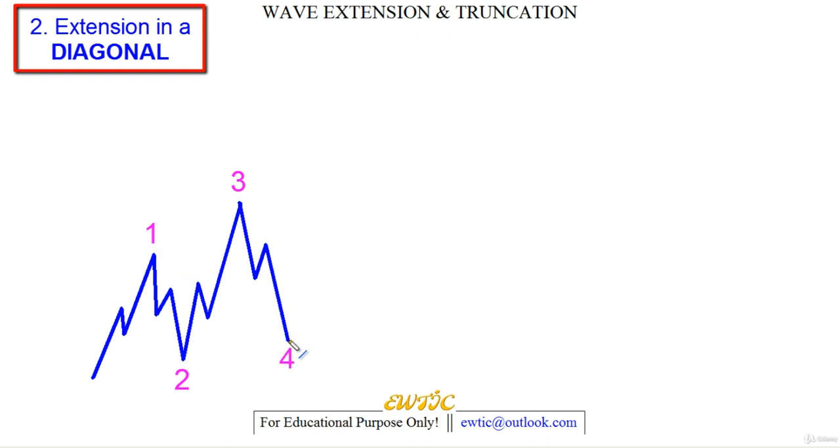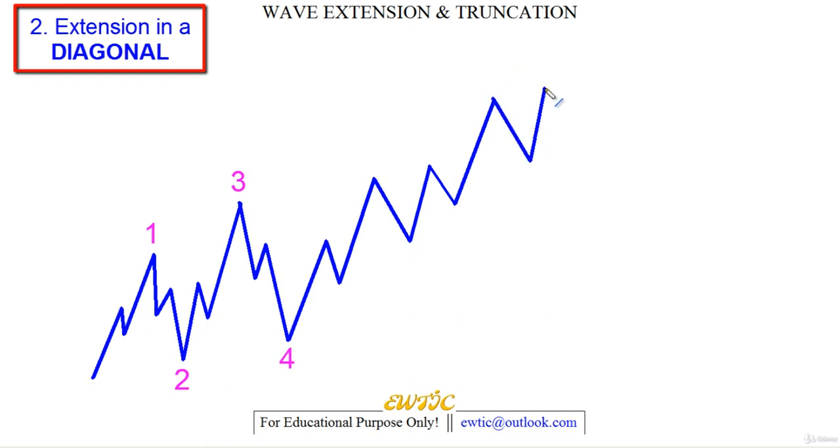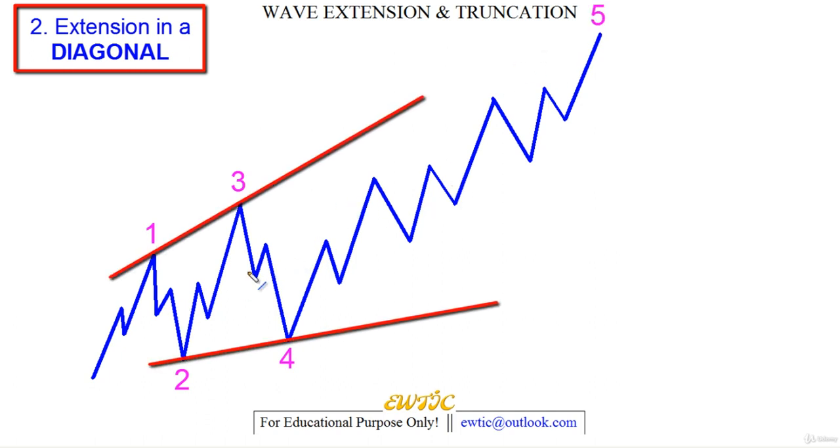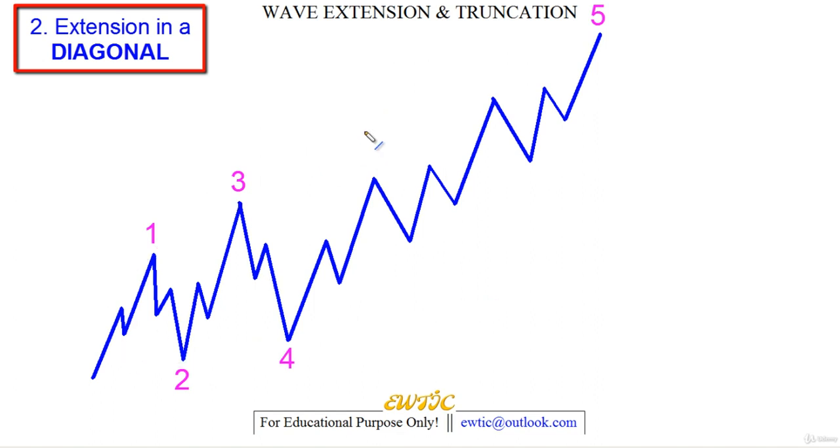And then what you will see is an extended fifth wave that has a double zigzag or even a triple zigzag in it. This happens usually when you see an expanding ending diagonal. Not all the time, but most of the time this is what happens in an expanding diagonal. Wave 5 is much bigger in size if you compare it with wave 1 and wave 3.